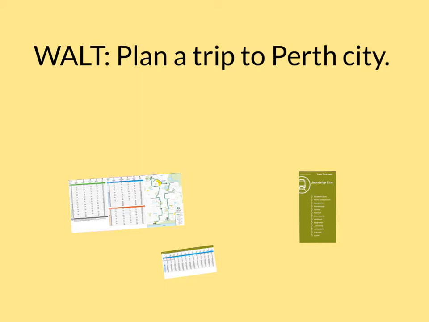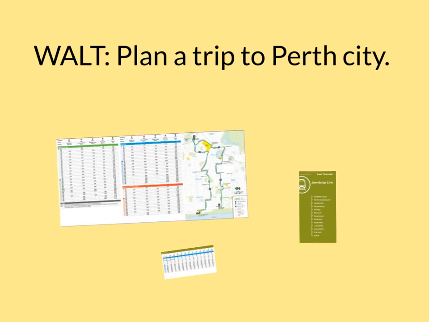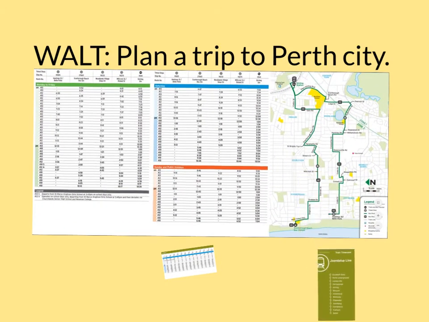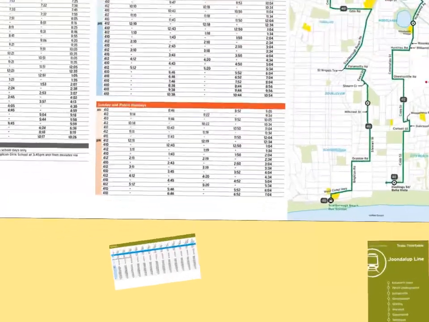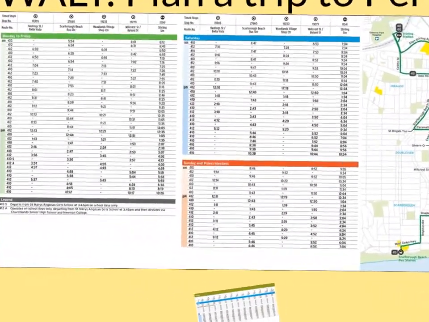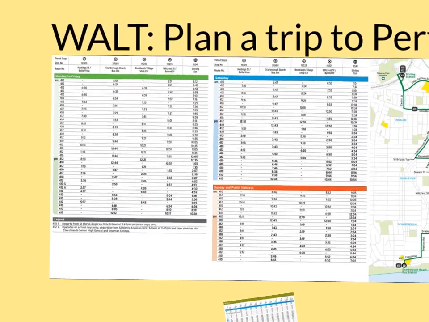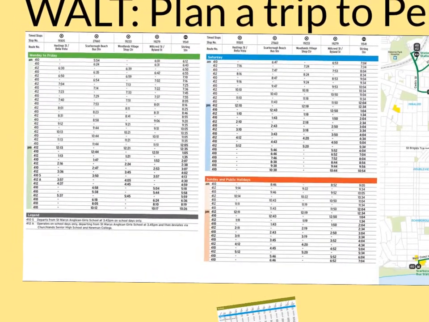We're going to start with the bus timetable, and Trans-Perth have bus timetables that look like this every single time. So let me zoom in on it. Usually what they'll have is a Monday to Friday, a Saturday and a Sunday. Why do you think they have different timetables for those three categories?